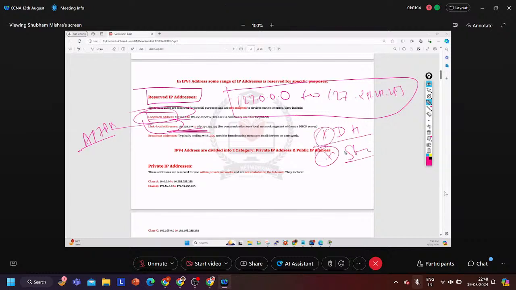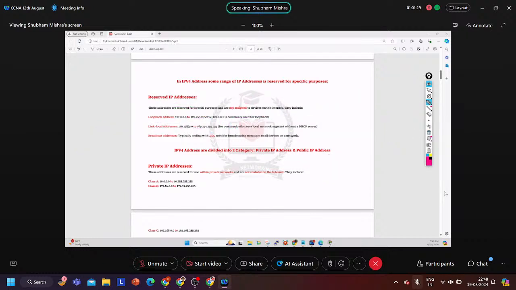It means you are not assigning the IP address statically, and the device is not getting the IP address dynamically. In this case, your device will get an IP address from this range, and this is called the APIPA range. Clear? That's the reason this range is reserved for this purpose. Next one is broadcast, I already told you. So basically, these are the reserved IP addresses.